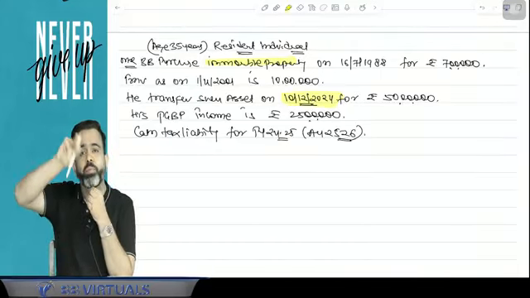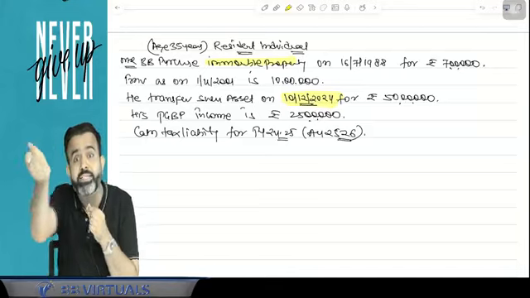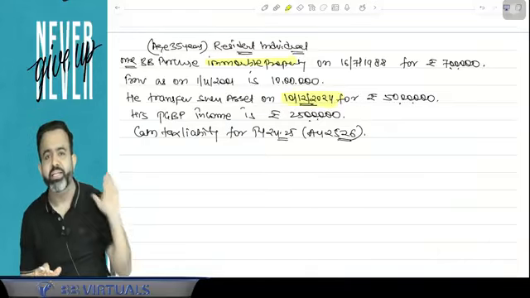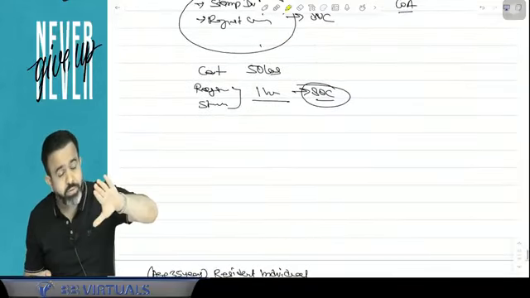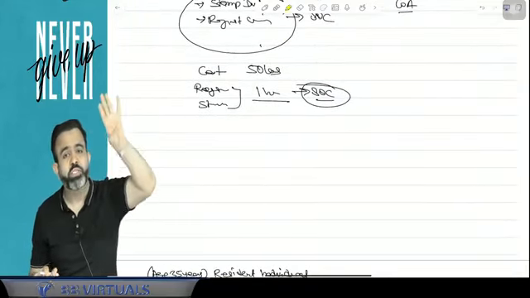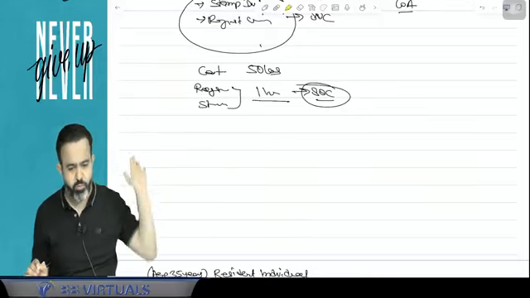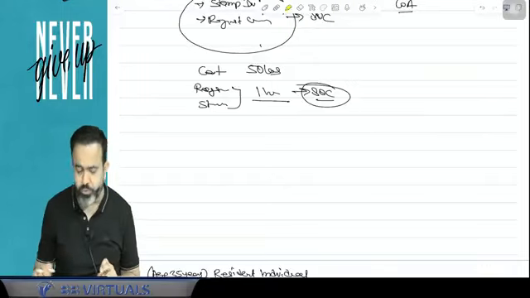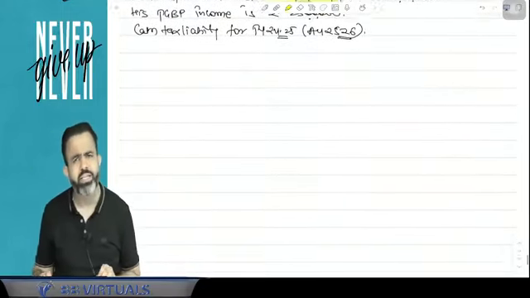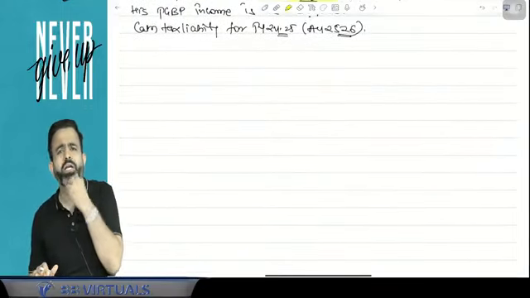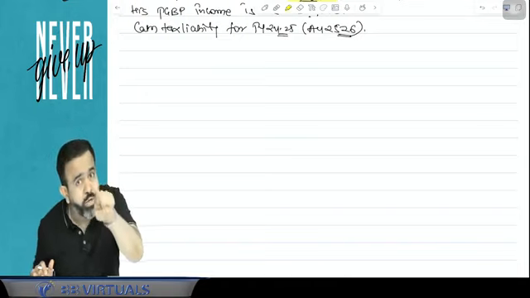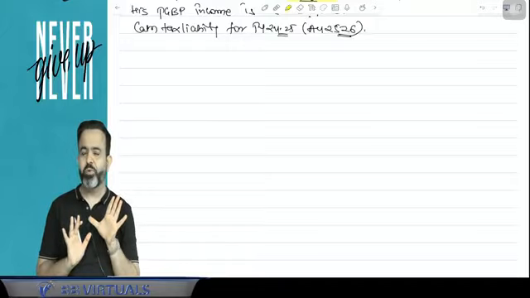Only at the time of computation of capital gain tax liability there will be indexation, and that is also available only when you satisfy the four conditions. I will explain those four conditions; if they are satisfied, then at the time of computation of capital gain tax you will get the benefit of indexation.